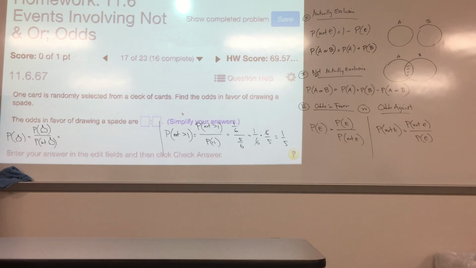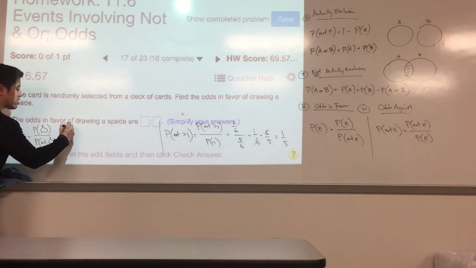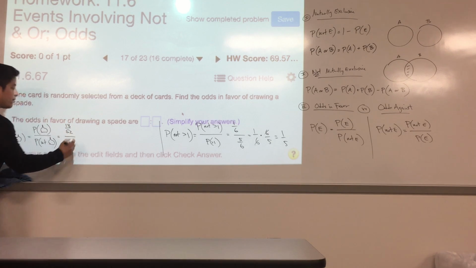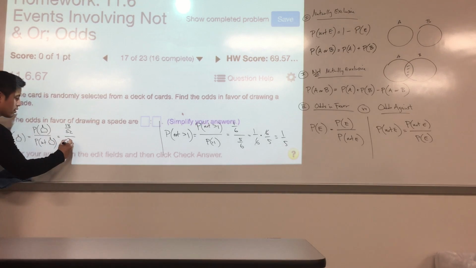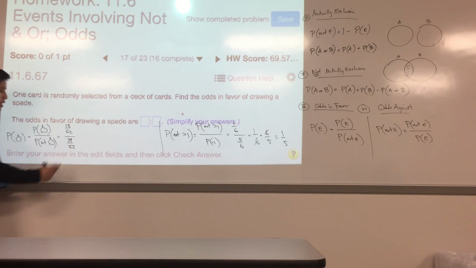Okay, so now, what is the probability of getting a spade? 13. Oh, yeah, it's the whole suit, right? So it's 13 out of 52. There are 13 spades in a deck, a quarter of the deck out of 52 total cards. And now what's the probability of not getting that? 39 out of 52, all the other cards.